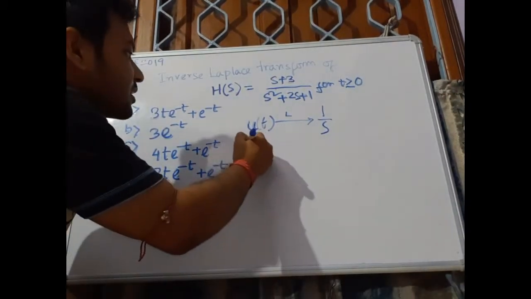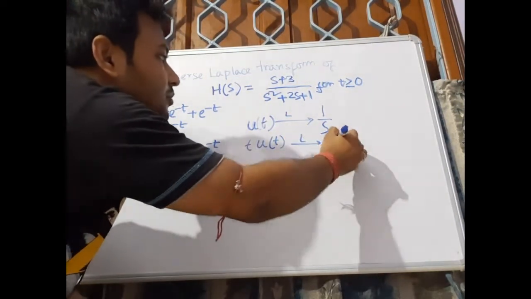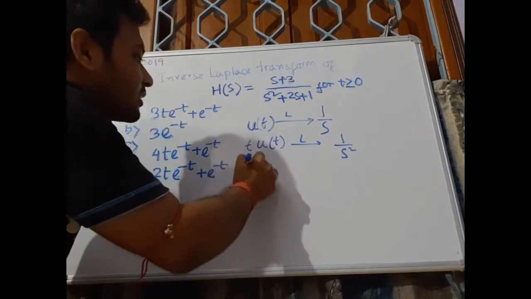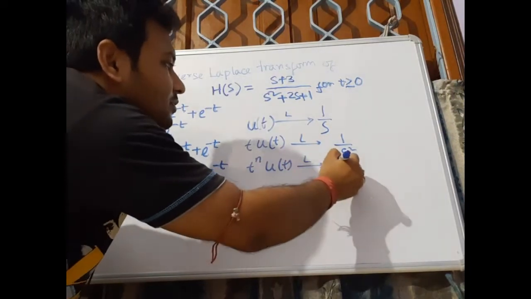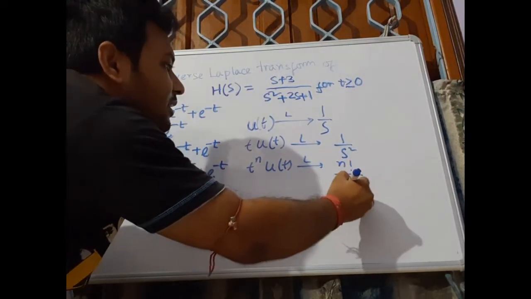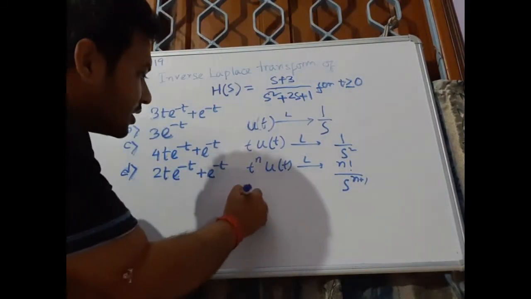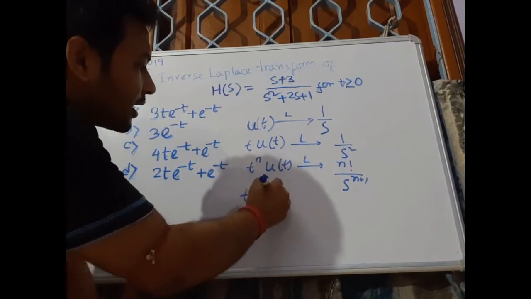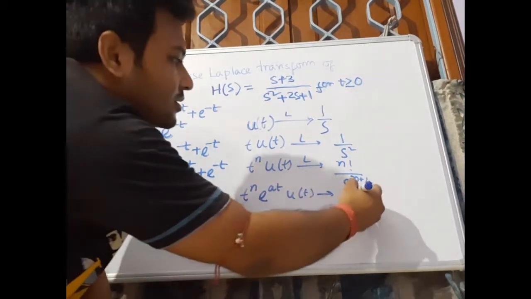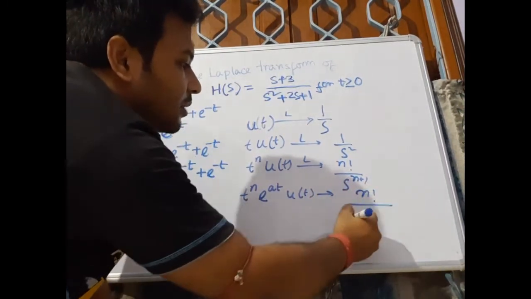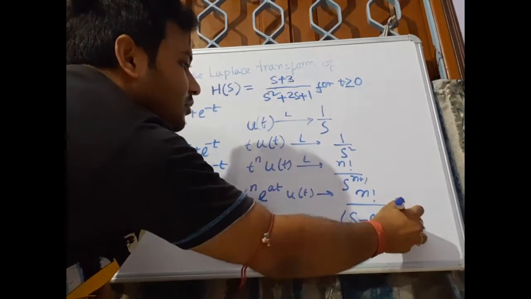Now if this is t u(t), then the Laplace transform will be 1 by s squared, and if this is t to the power n u(t), we have the Laplace transform n factorial divided by s to the power n plus 1, right? And now for t to the power n e to the power a t u(t), we have the Laplace transform n factorial divided by (s minus a) to the power n plus 1.